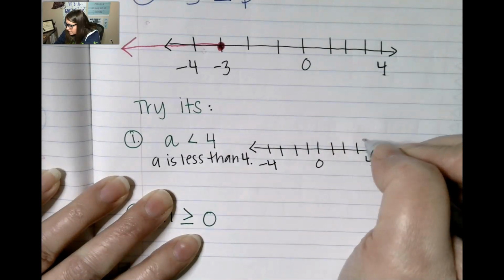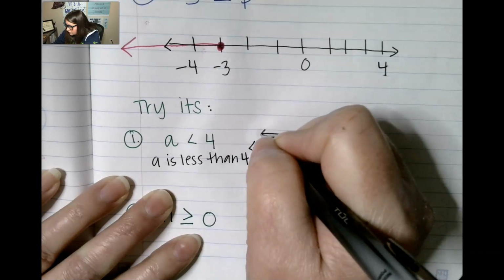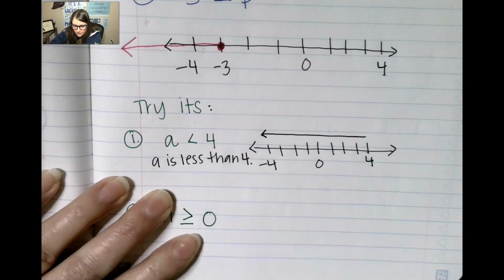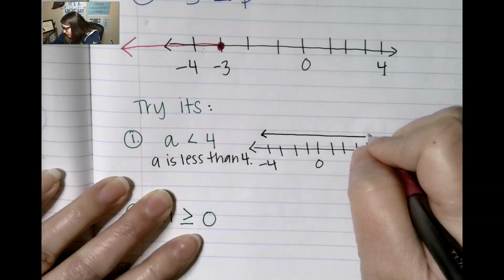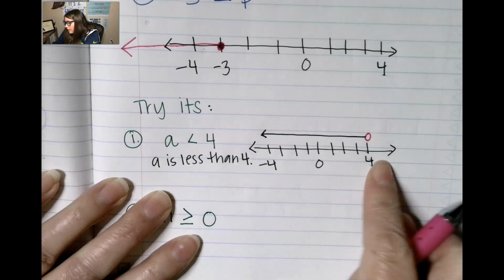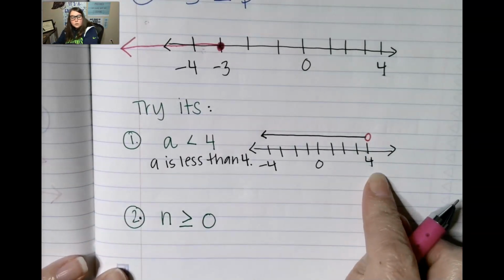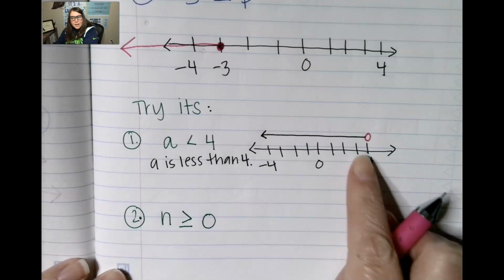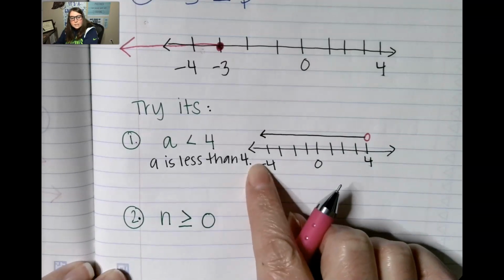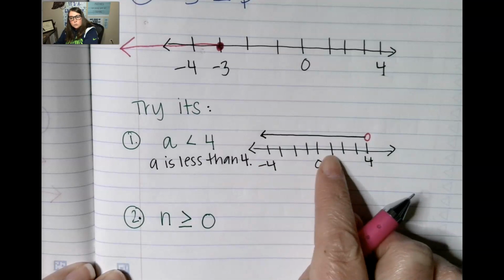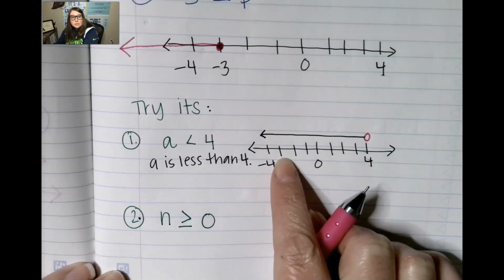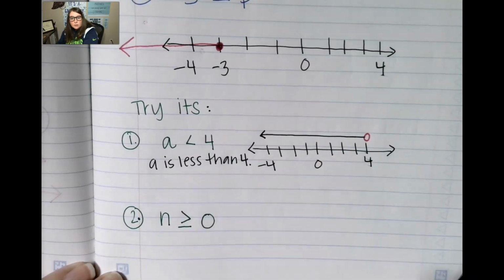So everything less than 4, and we're going to use an open dot because it does not include 4. So 4 is not a solution, but everything less than 4 is a solution. So 3, 2, 1, all of these can be a solution that would make this true.